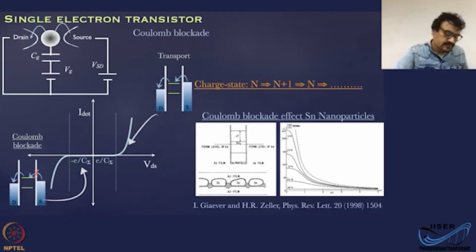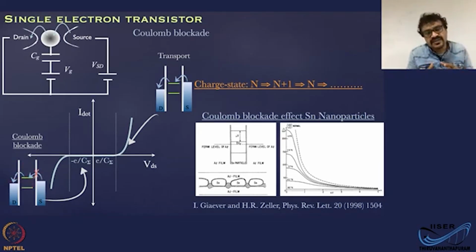Now, when you have low voltage applied on the system, the source voltage is low, as shown here, you don't have enough coverage of this voltage to have the charging level within this energy window.